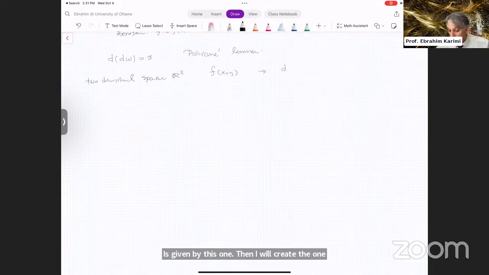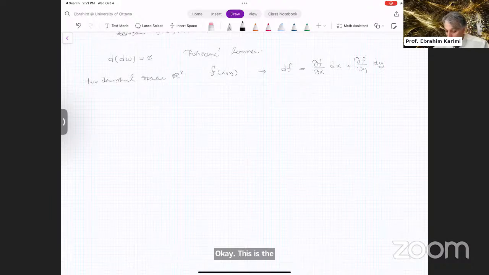So it means that I will take the df. The df will be equal to the derivative of f with respect to x dx plus the derivative of f with respect to y dy. This is the one form, essentially creating a one form from a zero form.